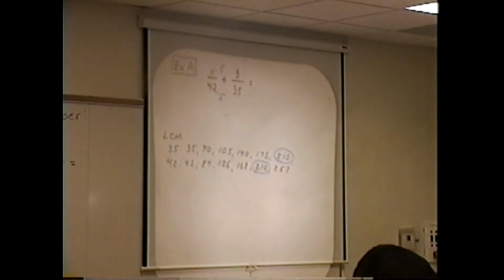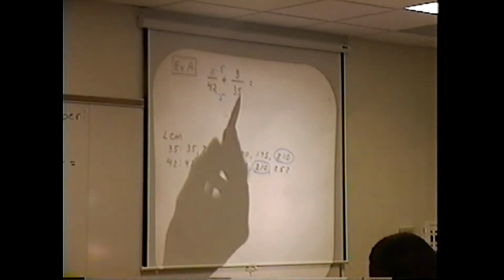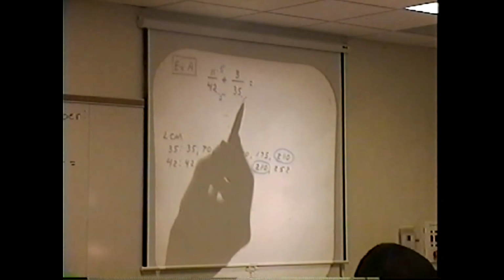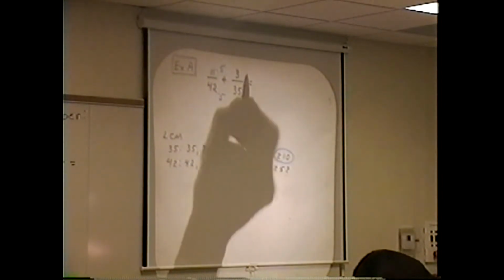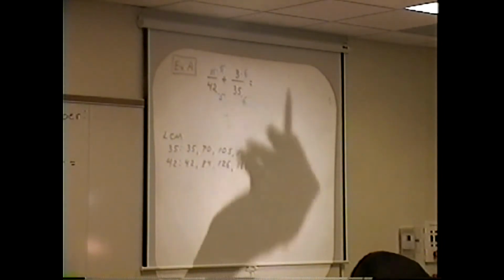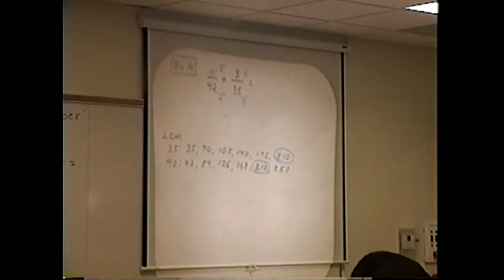And 11 over 42 is the same as 55 over 210. What do you multiply the 35 by? Times 6. Whatever you multiply in the denominator, you also multiply in the numerator. That gives me what are called equivalent fractions. Same amount, just a different number of pieces.